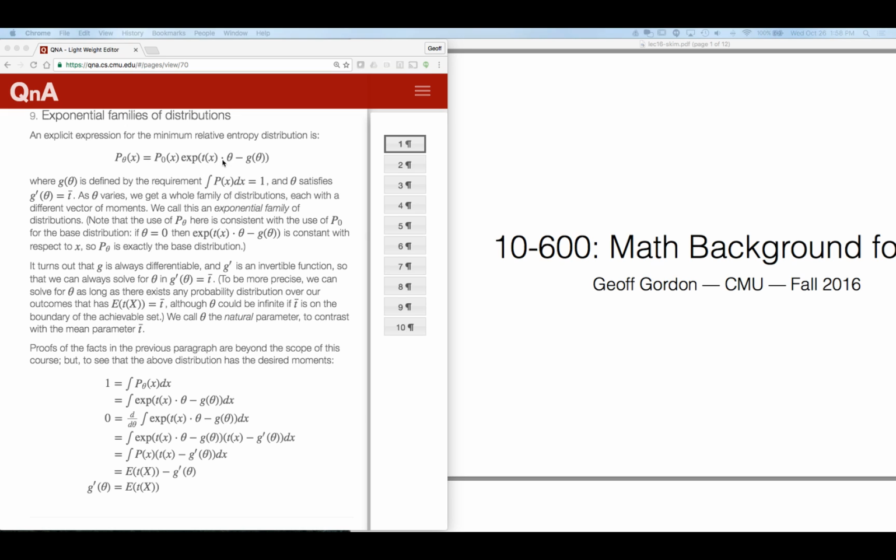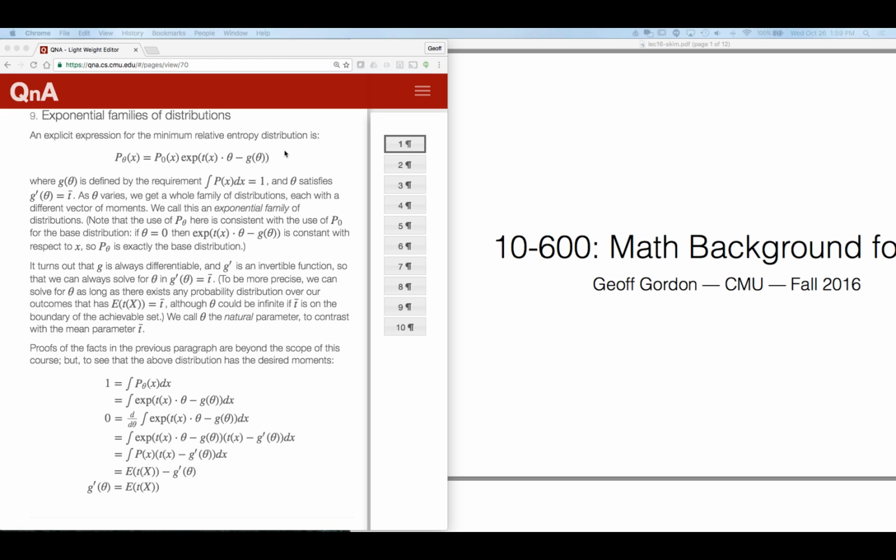That means if you take a particular component of theta and make it big, it's going to heavily favor points that have large values for the corresponding feature. So theta you can think of as which features do I prefer or disprefer. I can disprefer them by making theta very negative as opposed to very positive. And then we always have to sum to 1, so we're going to put in a normalizing constant, and that normalizing constant is completely determined by the requirement that the distribution has to sum to 1.